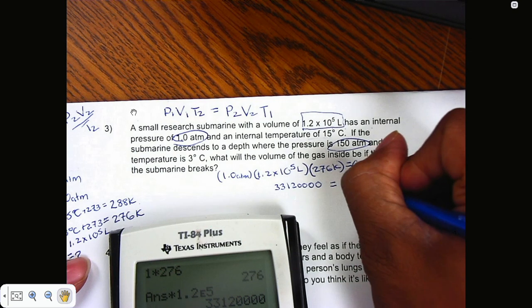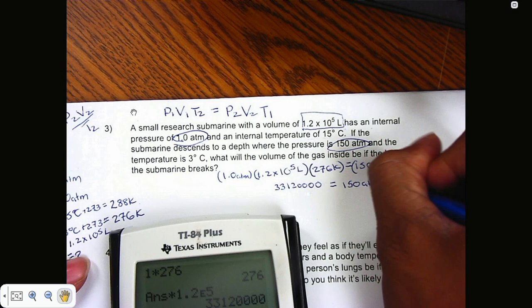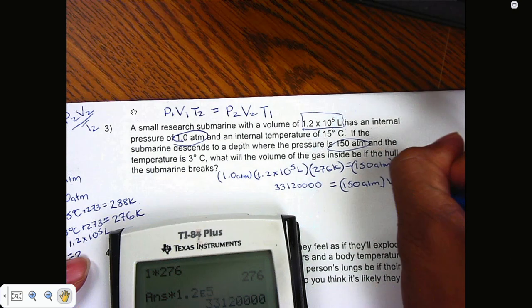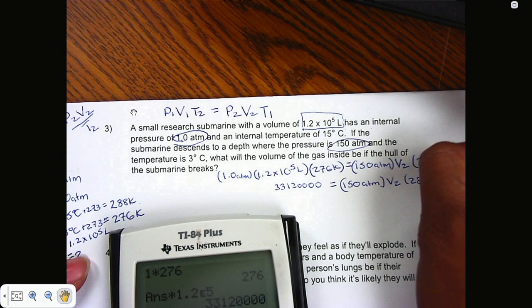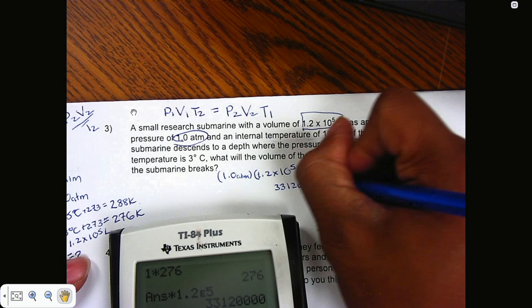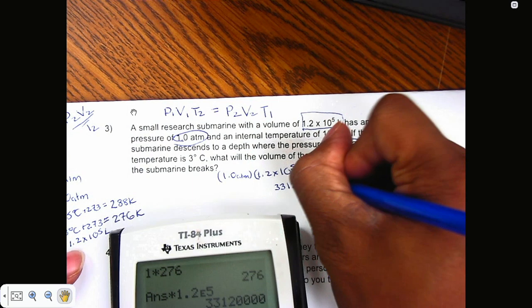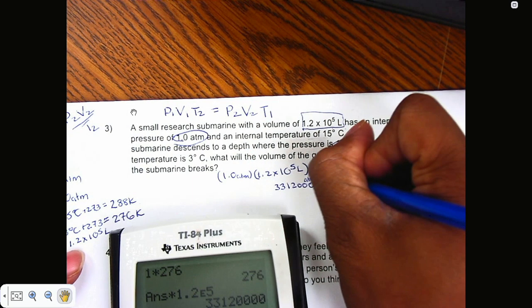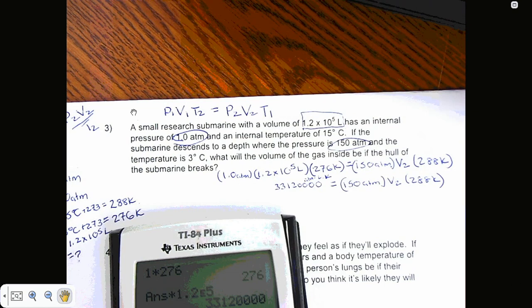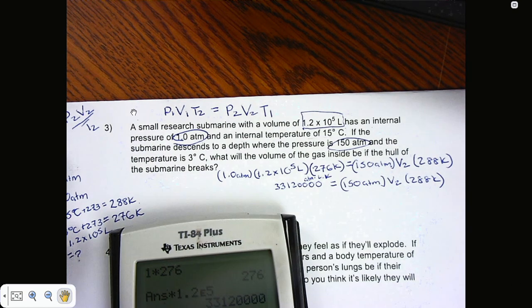150 ATMs, V2, 288 Kelvin. Now, technically, if I was dealing with units, this would be ATMs times liters times Kelvin. It'll be simplified once we actually find our products.